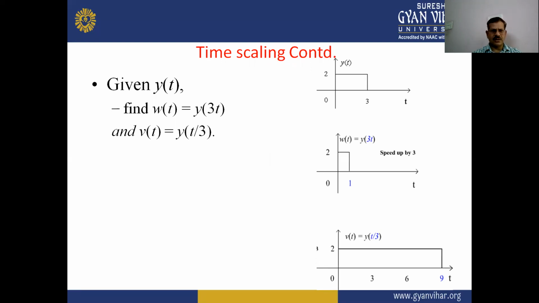So there is the given function y(t), and the second is w(t) equal to y(3t), which is represented in the second diagram. And the next function v(t) equal to y(t/3) is also drawn in the third diagram.